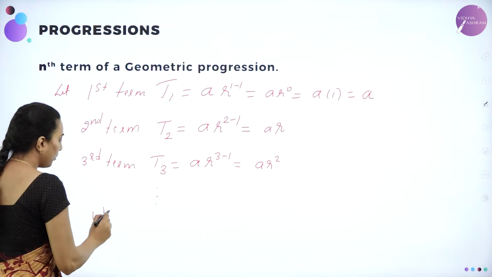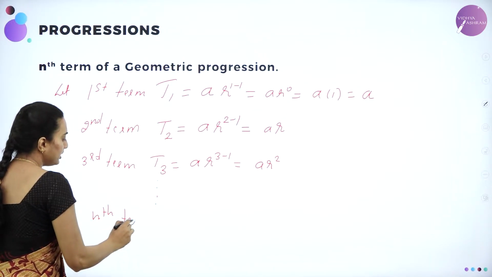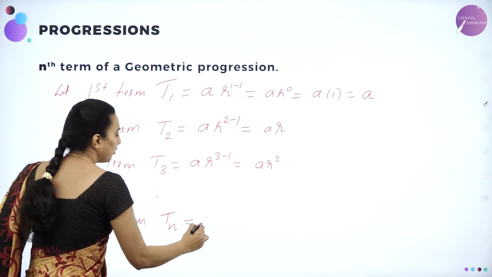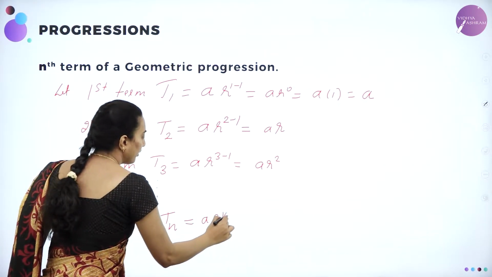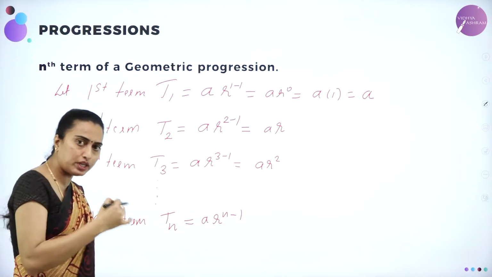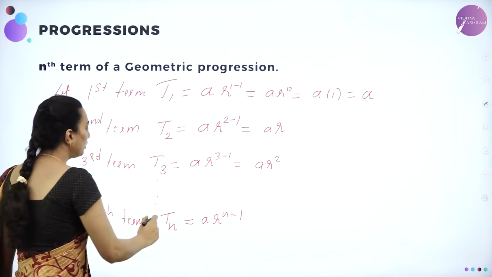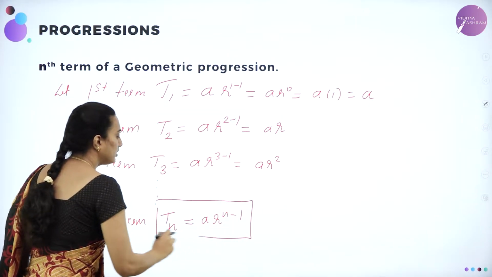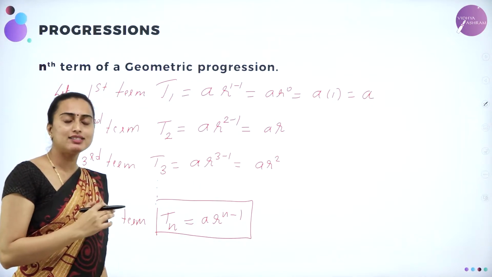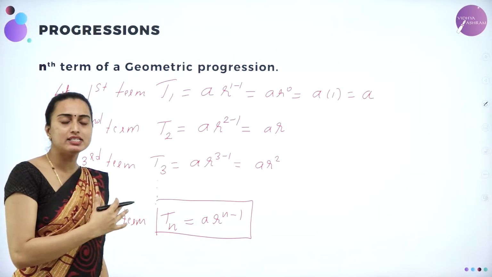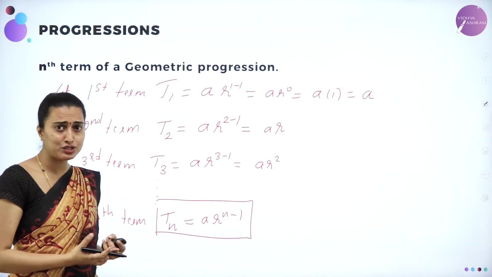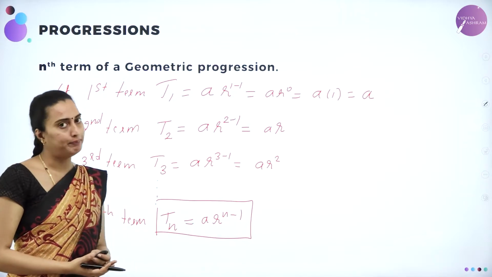The nth term of a GP is given by the formula Tn is equal to a r to the power of n minus 1, because if it is the nth term, one is decreased, that is n minus 1. So this is the formula for the nth term of a GP, where a is the first term, r is the common ratio, n is the number of terms and Tn is the last term. Understood? So this you have to remember.